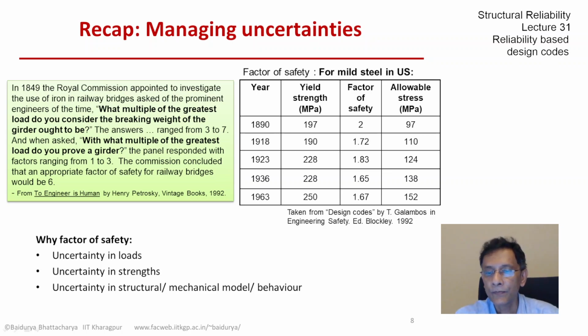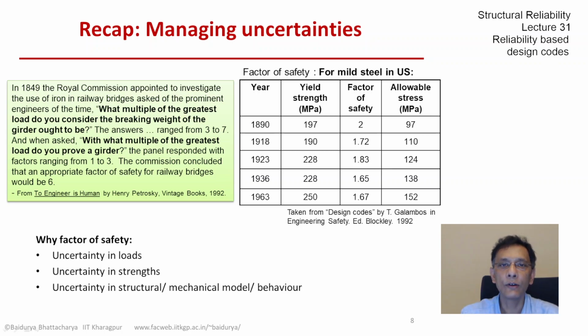But the difference is that until relatively recently, the factor of safety was not tied to an explicit measure of safety. So it would not be possible to look at any of these examples that you see on the screen now and answer the question: what sort of precise level of safety did these factors of safety produce?